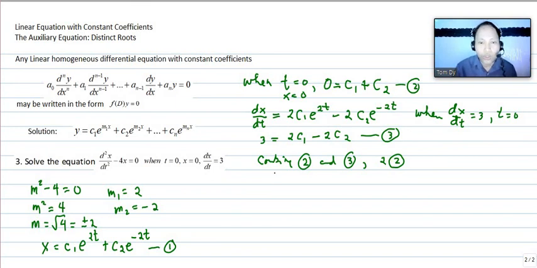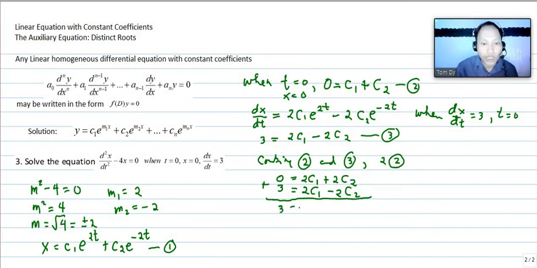Multiplying 2 by equation 2, we have 2 times 0, that is 0, equals 2 c sub 1 plus 2 c sub 2. And then our equation 3 is 3 equals 2 c sub 1 minus 2 c sub 2. We will add these two equations, eliminating c sub 2, so 3 is equivalent to 4 c sub 1. Therefore, our c sub 1 is equivalent to 3 over 4.